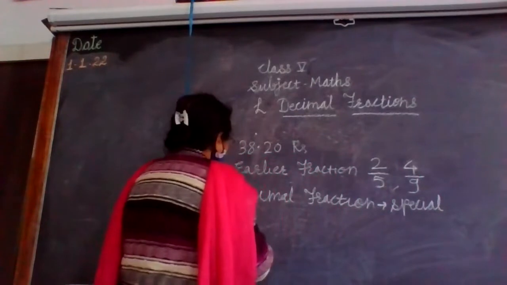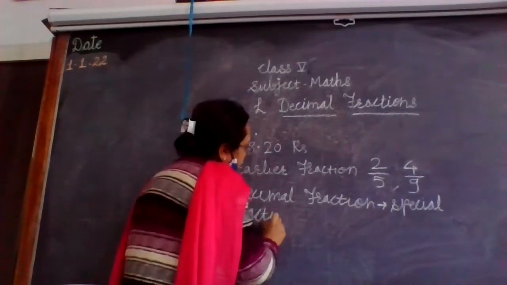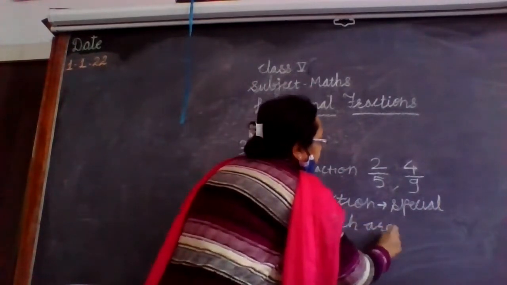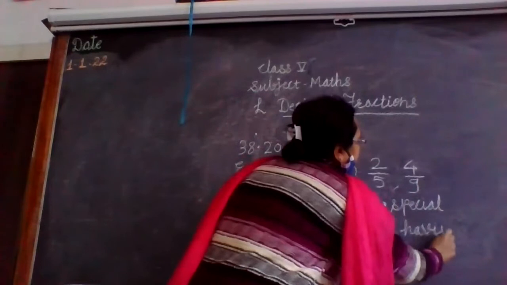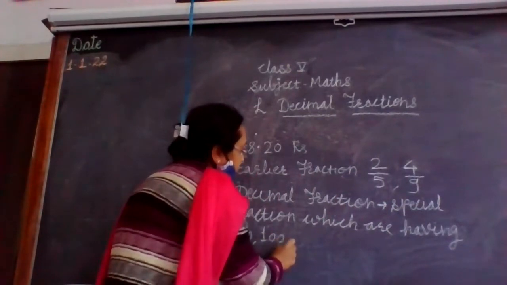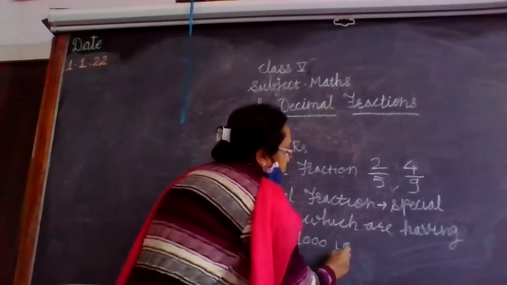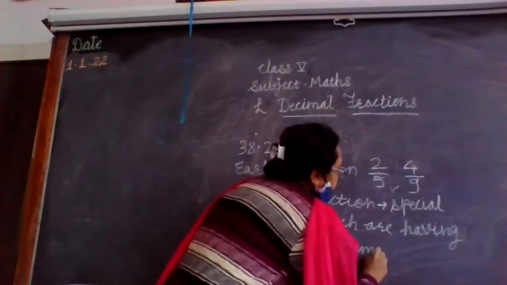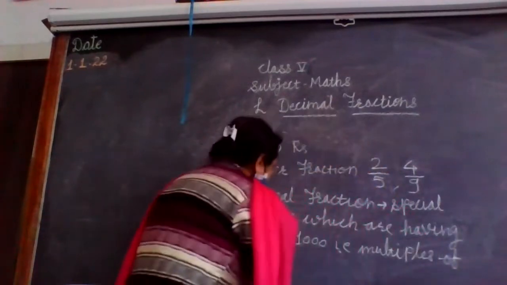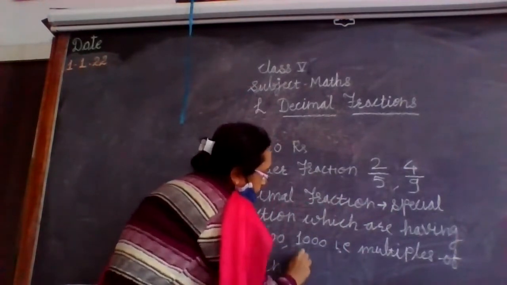Special fractions which are having 10, 100 or 1000, that is multiples of 10, in the denominator.